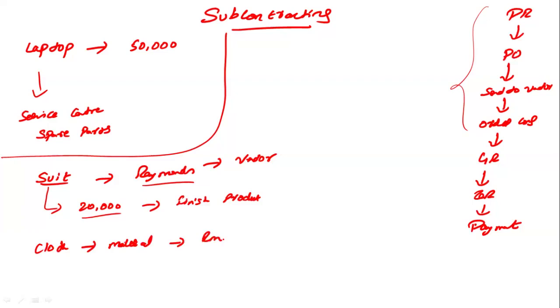Okay, you take this cloth and go to the tailor and ask him to stitch. You're just taking the cloth and asking the tailor to stitch this, and he's going to stitch it. So in this case, Raymond's will be your raw material vendor, and the tailor will become your subcontractor vendor.